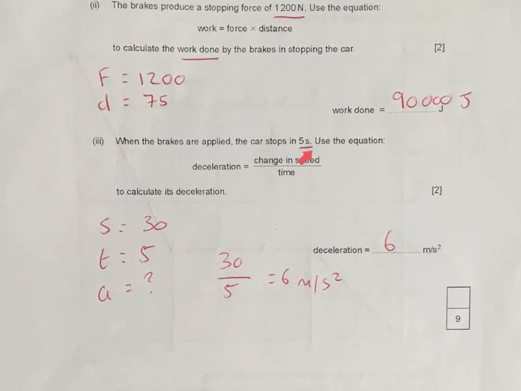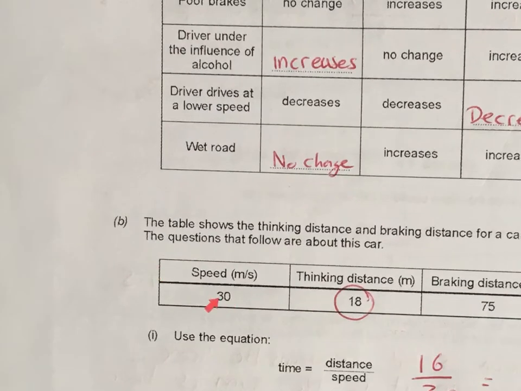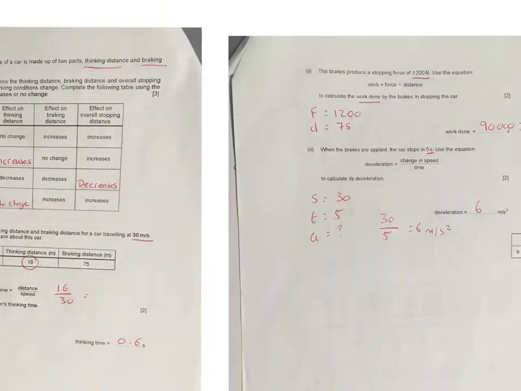When the brakes are applied, the car stops in 5 seconds, so change in speed is going to be 30, the time is 5 seconds, and that comes out to be 6. If you're wondering where I got the 30 from, I got it from the speed, which is there. Okay, so it's just using the information you know.